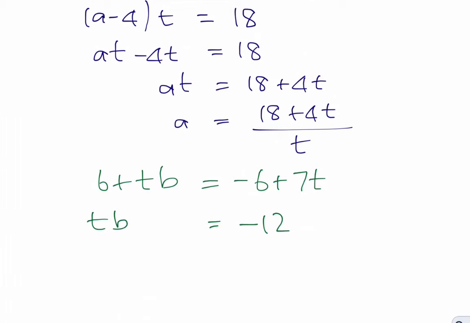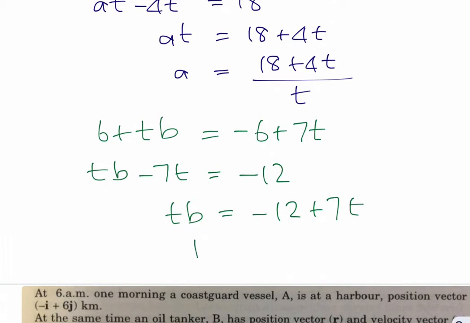I've got tB equals -12 plus 7t. Of course, I want to get B on its own, so B equals -12 plus 7t divided by t. Right, there's my two expressions for A and for B.